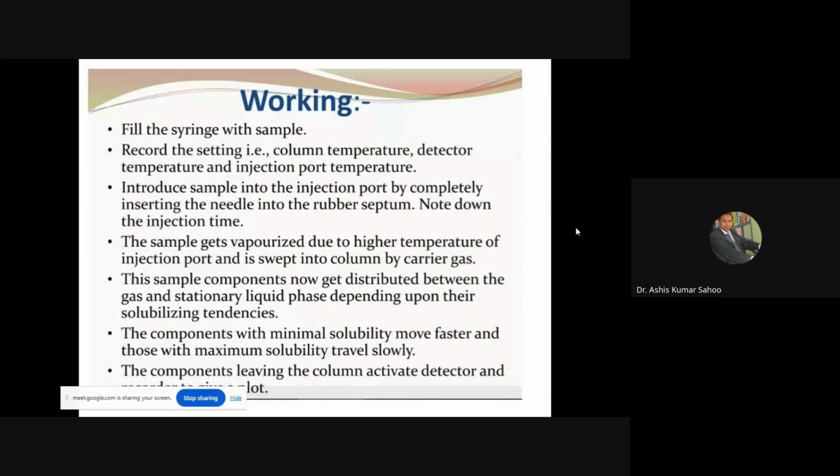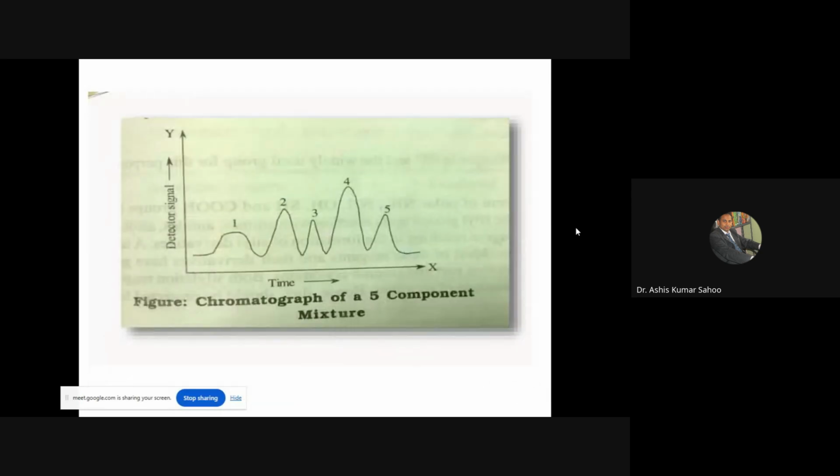So let's see a chromatogram of five components. In gas liquid chromatography, we have five different compounds, so we can see these peaks in a detector.